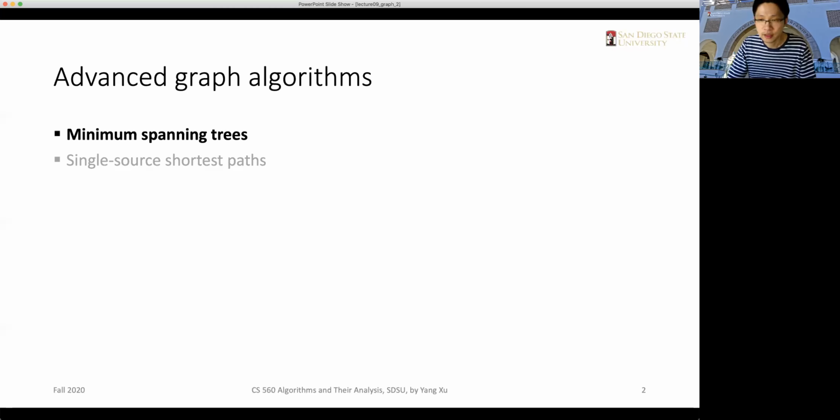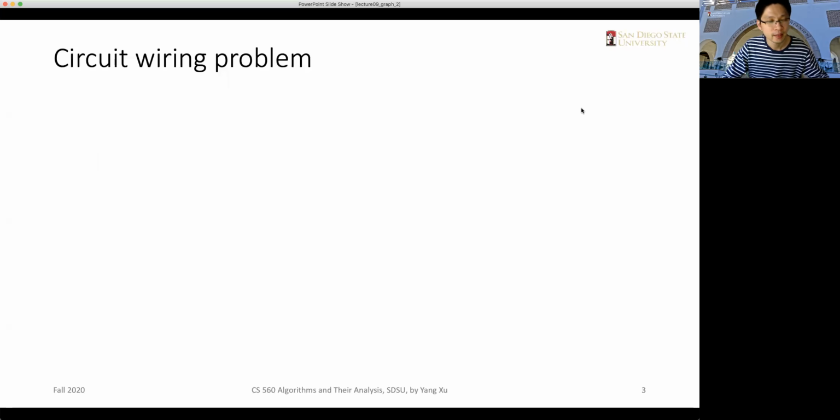Hopefully in this week, we will cover the minimum spanning trees problem, the first type of problem. This problem has a lot of inspirations from real world problems. One of the most important and most famous examples is the circuit wiring problem.